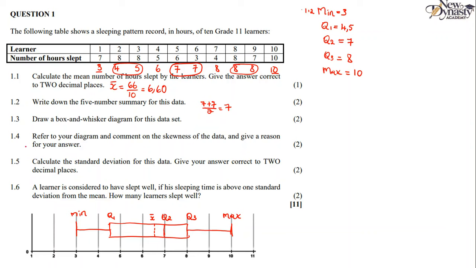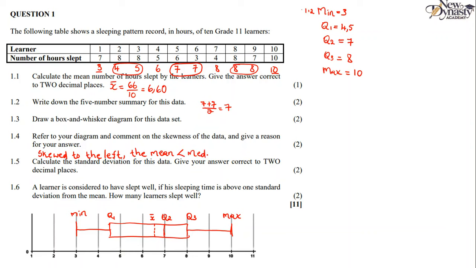So in your comment there, you're going to say that the skewness here is skewed to the left. And they require us to give a reason for that. We give a reason by saying that the mean is lower than the median, or less than the median.